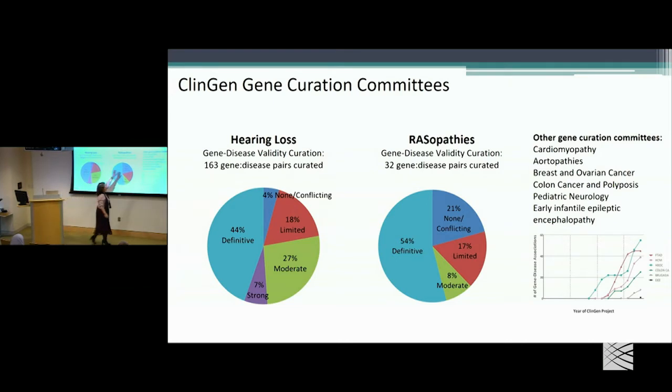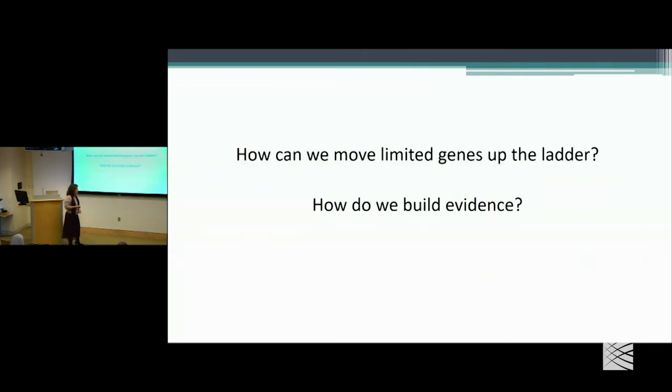This is now being done across many disease areas, cardiomyopathy, aortopathies, cancers, neurology, epilepsy, etc. So a lot of different expert groups that we've convened are now diving into gene curation, and that data is starting to get uploaded to the website.